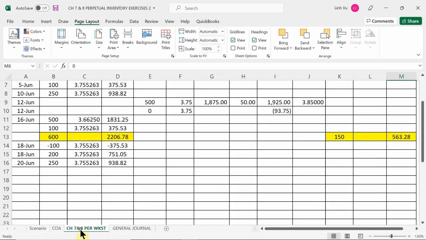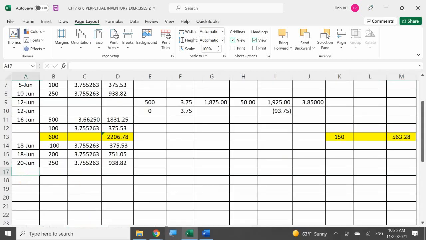So I plug that into my inventory worksheet here. It is June 21st, and we bought 750 units at 3.80 with a freight of 80.